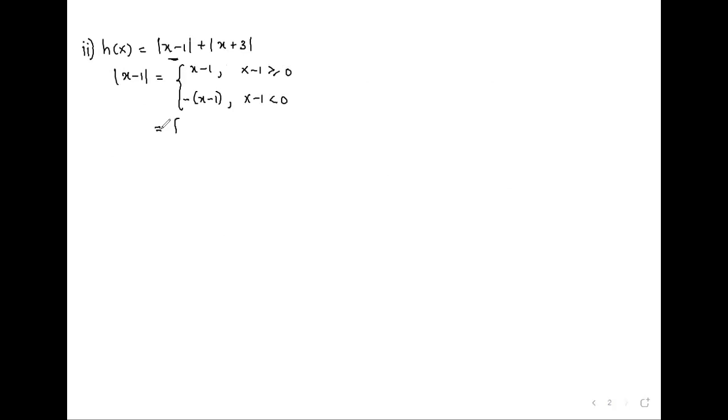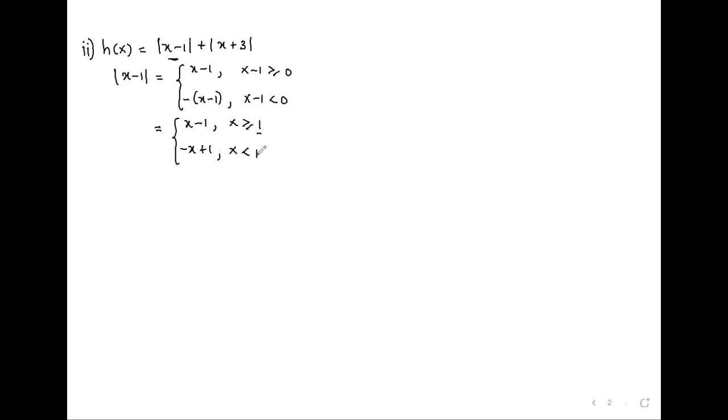This becomes x minus 1, comma, x greater or equal to 1. You expand, you get negative x plus 1, comma, you get this one here. Now you're saying x is less than 1.